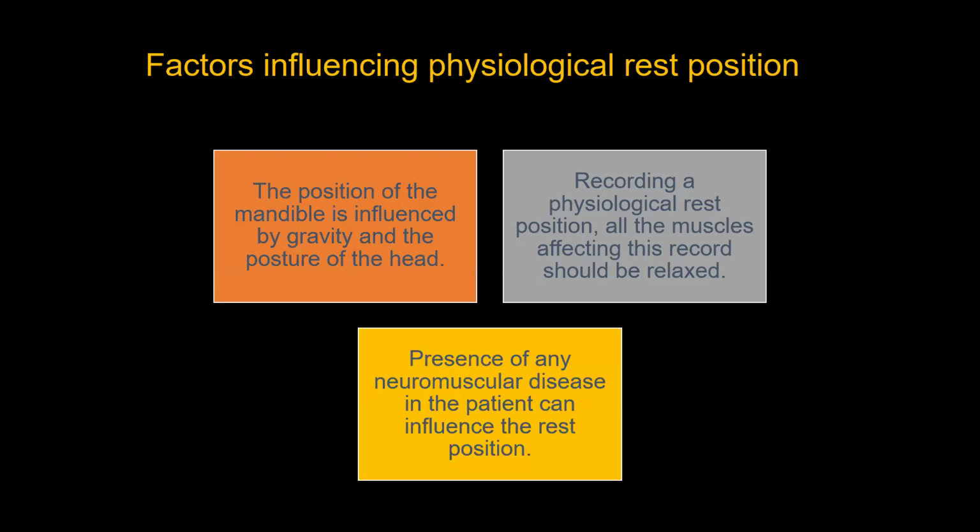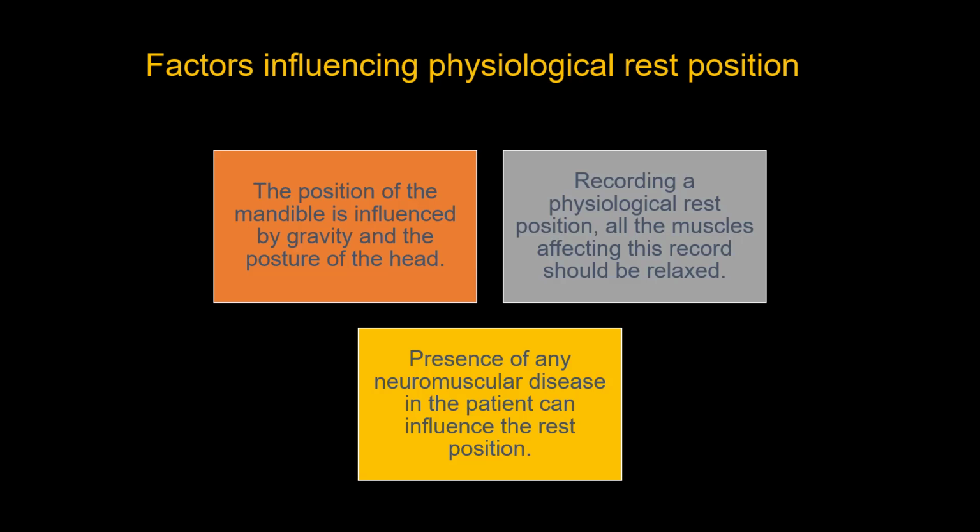So, what are the factors that influence the physiological rest position? It is influenced by the position of the mandible, which is influenced by gravity and the posture of the head. Recording a physiological rest position, all the muscles affecting this record should be relaxed.